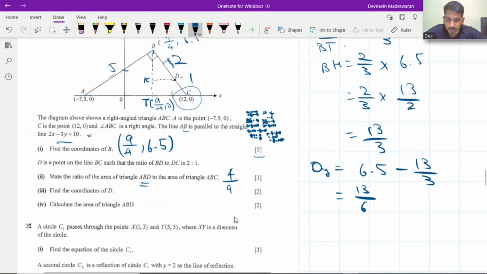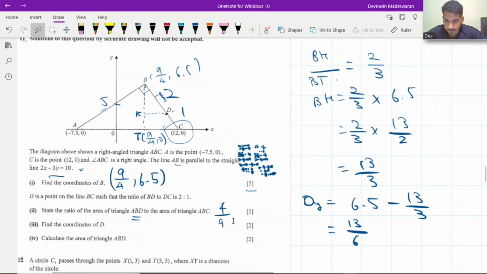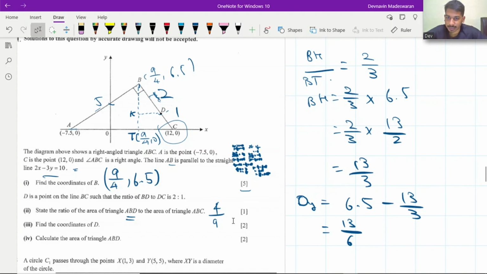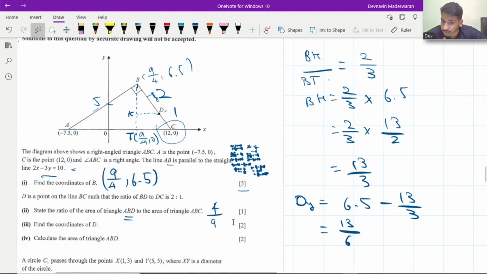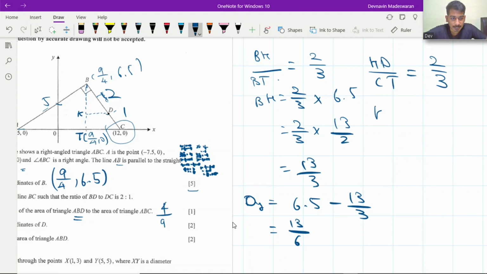And then what? And then it's going to be the x coordinate. Same thing we'll do for the KD. KD to CT. KD over CT is going to be again 2:3, and then KD is going to be 2/3 of CT.